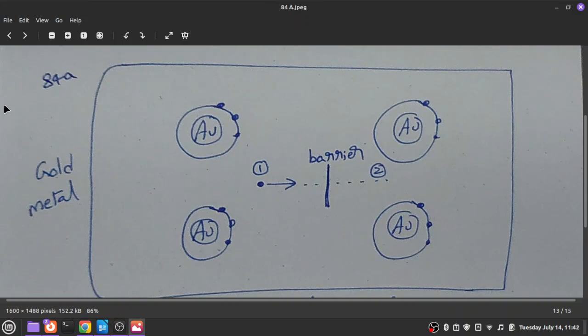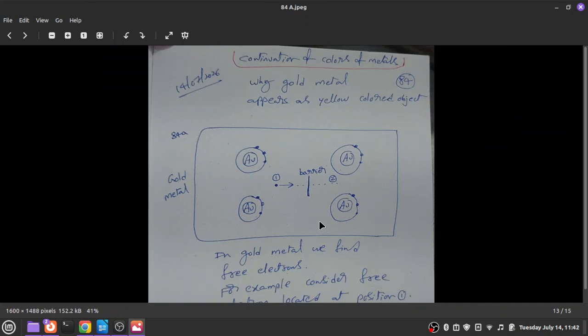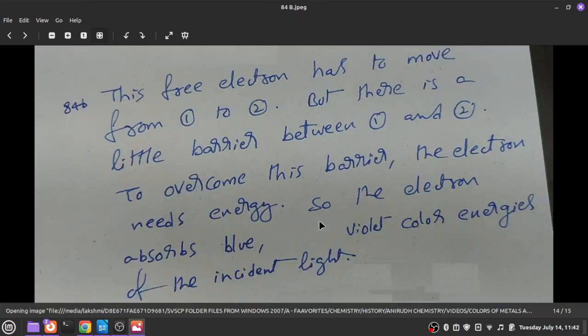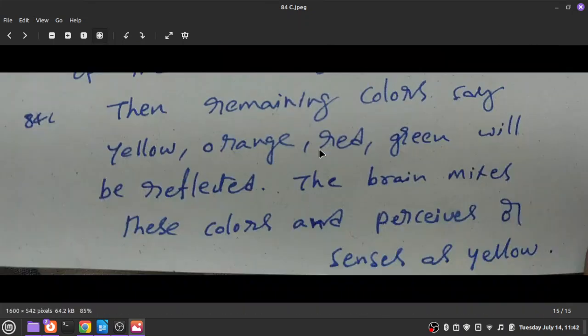Once the blue and violet are absorbed, the remaining colors, red, orange, yellow, and green, will be reflected back. They reach our eyes, and our brain will mix all these colors, and the mixed colors will be sensed as yellow color. That is why gold is appearing as yellow color.